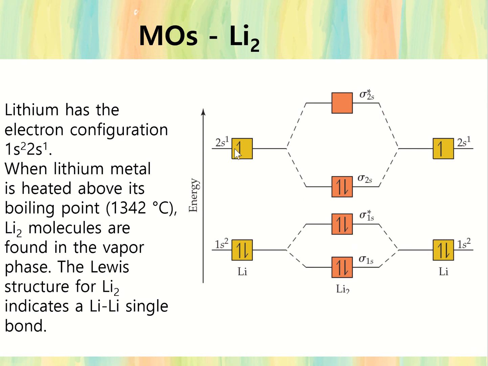And here we have 1 electron, similar to what we saw with hydrogen, but they're in the 2s orbital, and when they combine, they go into the bonding molecular orbital. So there is no electron here in the non-bonding molecular orbital.